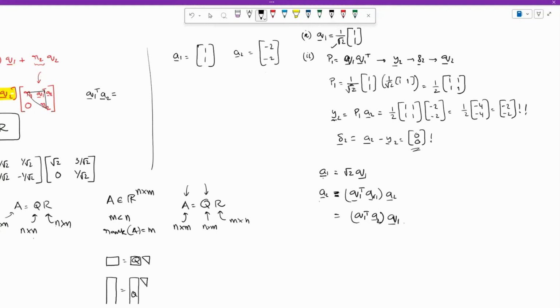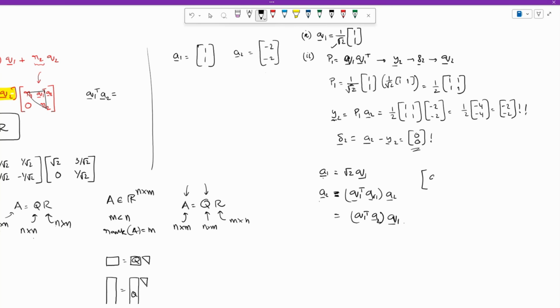Okay. That means now my QR decomposition is going to be slightly different now. There is only one orthonormal basis vector that I've got, right? So my what is this? Q1 transpose A2.